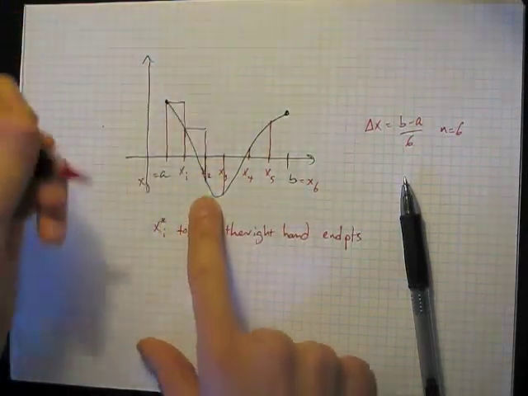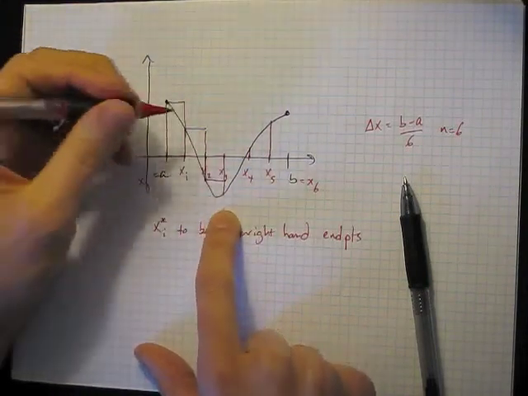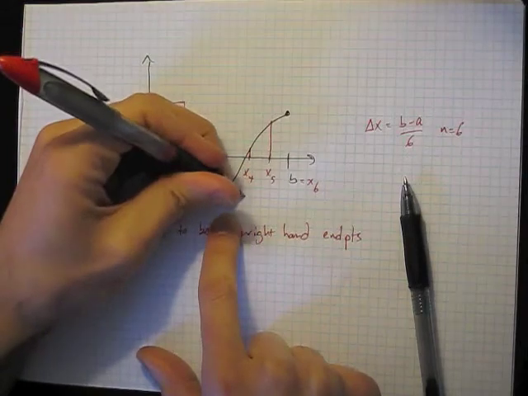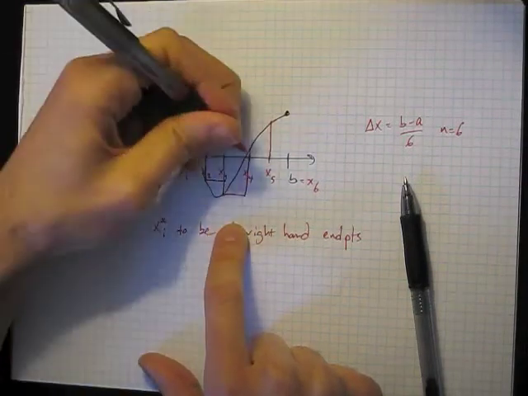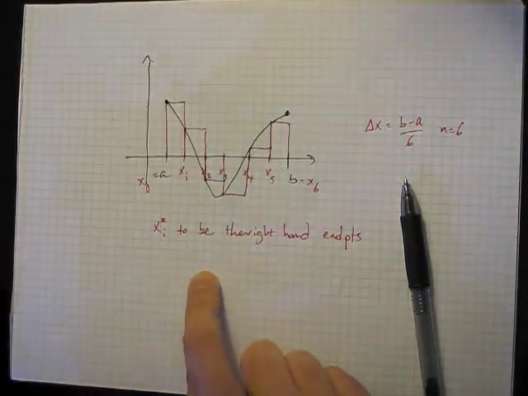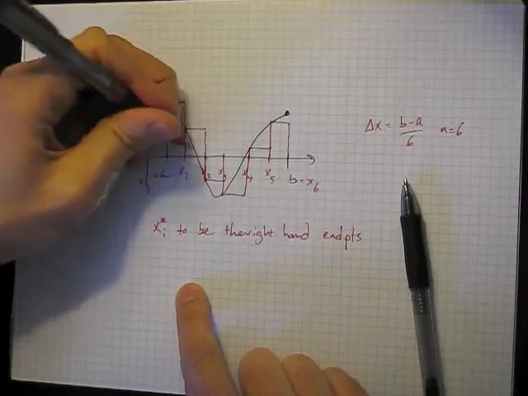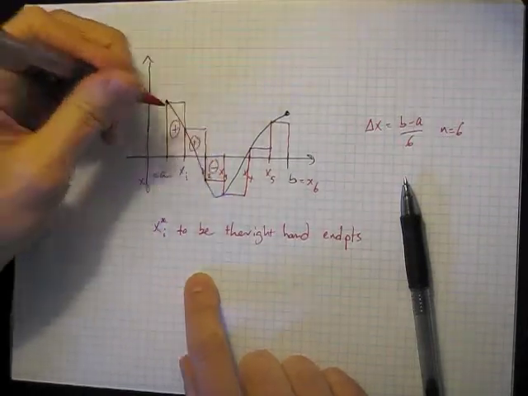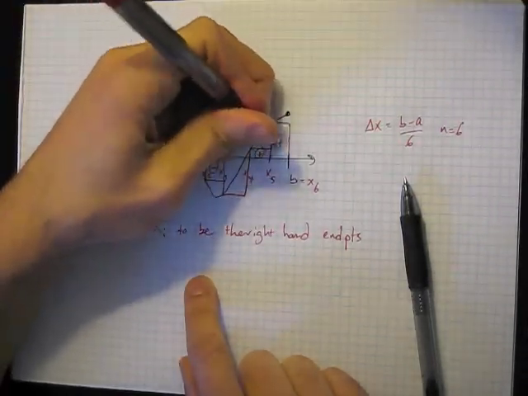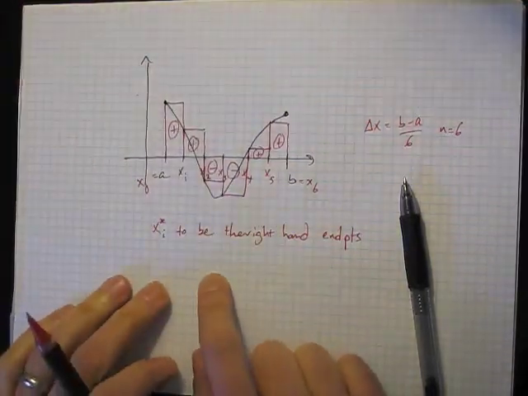So here's this endpoint for x2 forms a rectangle that's under the x-axis. This also forms a rectangle that's under the x-axis, and so on. So what our Riemann sum does is it counts these rectangles above the x-axis positively, and these rectangles below the x-axis negatively.